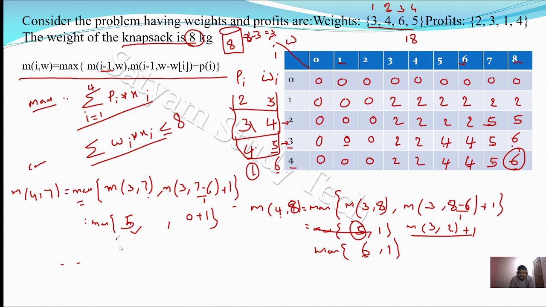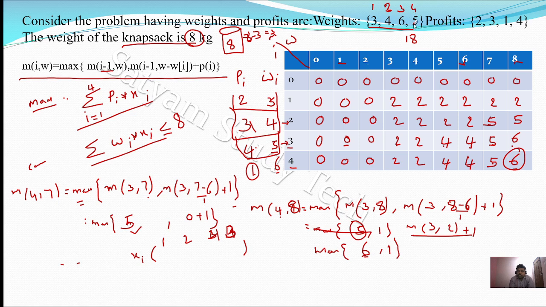Now here I am noting down the x values. There are 4 objects: first object, second object, third object and fourth object. Otherwise you can note down objects 1, 2, 4, 3.